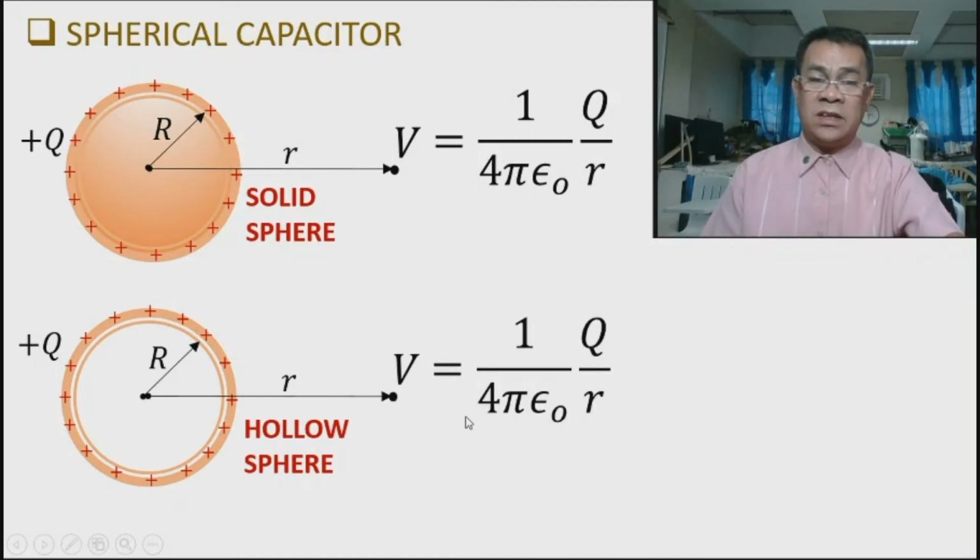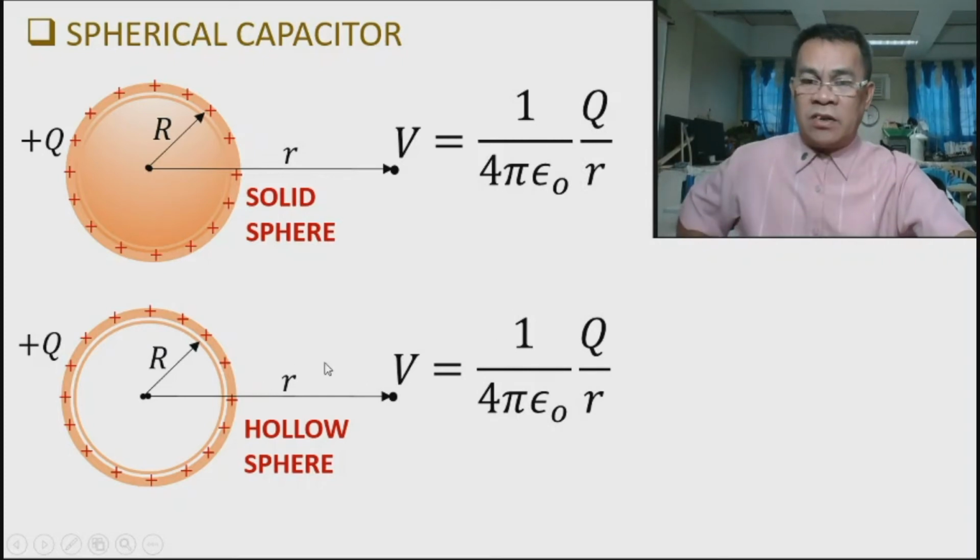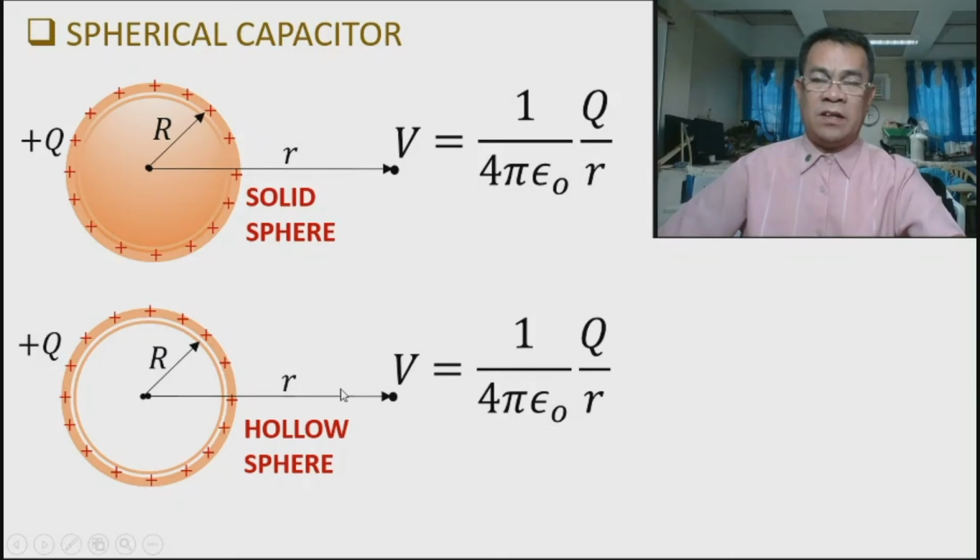The answer is the same. Why? Take note, even though this is hollow, the two are treated to be the same. Because again, remember that the charge stays at the surface only. So in a solid sphere, the charge stays at the surface, and also in the hollow sphere it stays at the surface. So there is no difference between the two if you are calculating the potential difference.